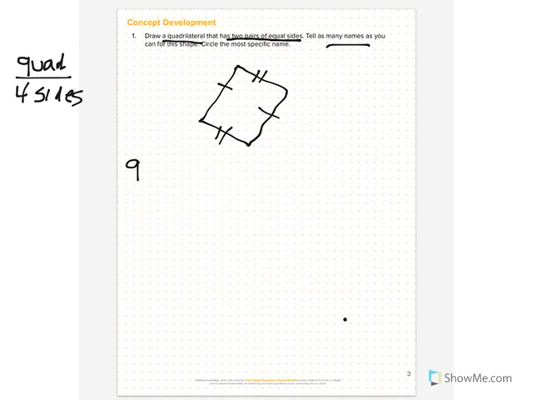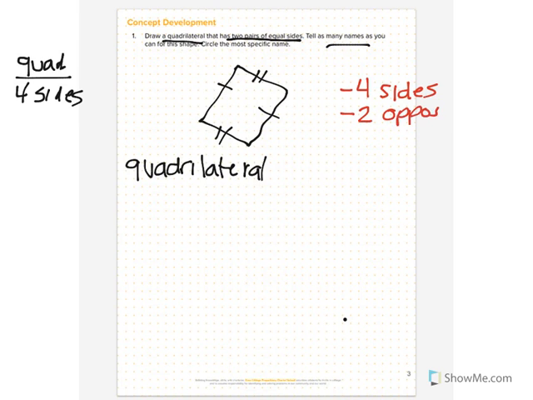Well, I know it can be a quadrilateral. What else can it be? What other shapes have the same specifications, that it's 4 sides and 2 pairs of equal sides? 2 pairs of equal sides means 2 opposite pairs of equal sides.